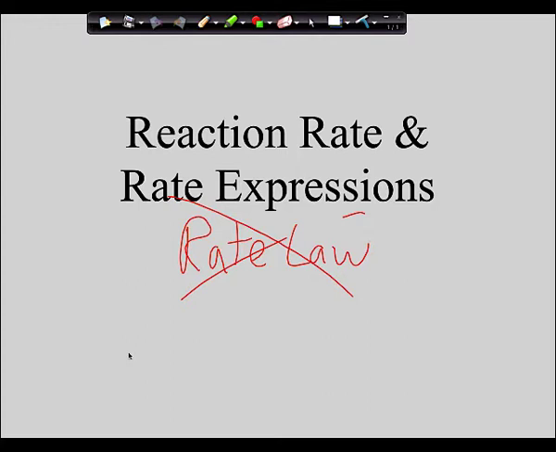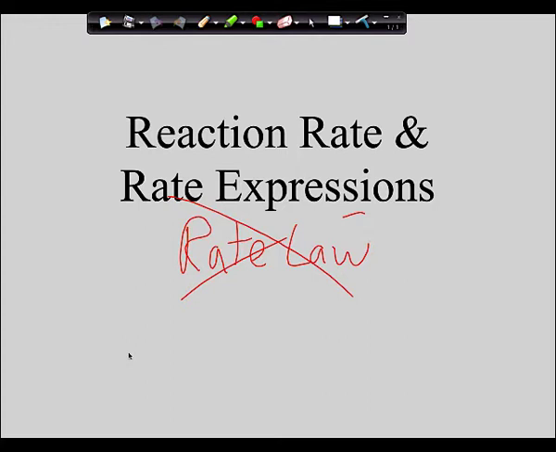And here's why you're going to make the mistake. The last 3 days of this unit are all about rate laws. And you're going to get really good at rate laws. And you're going to be writing rate laws and doing rate laws and figuring out rate laws. And then the first question on the test is going to be write the rate expression. And you are going to blindly write the rate law because that's the last thing you did. And we've stressed it and you've become really good at it. And this becomes an afterthought.